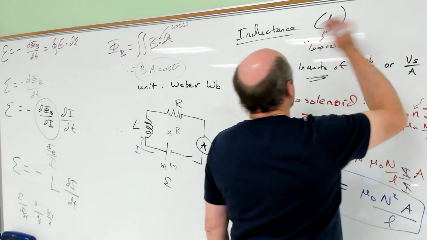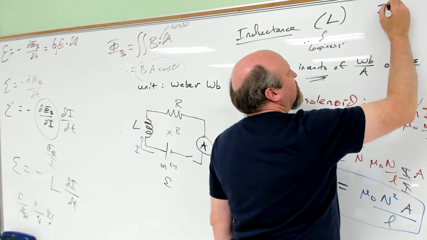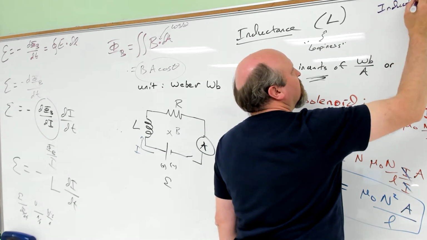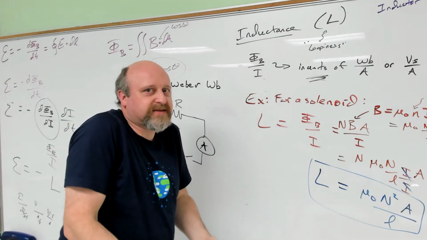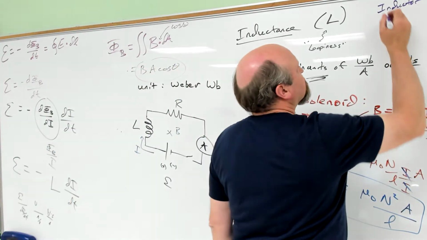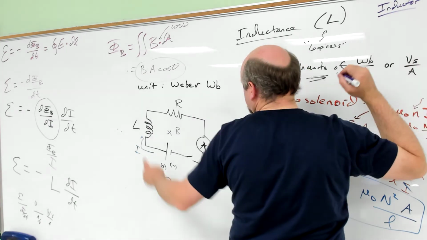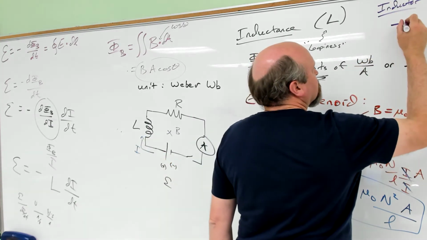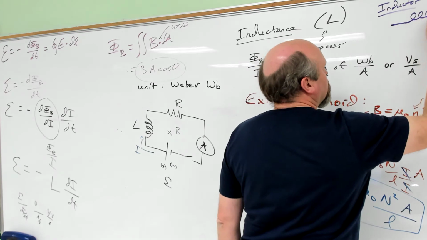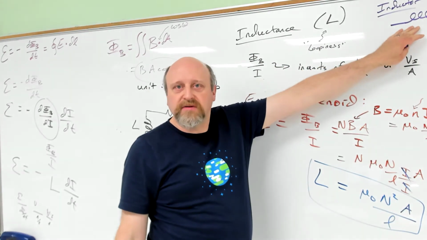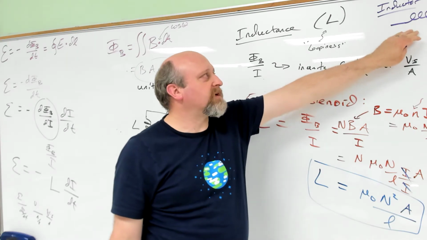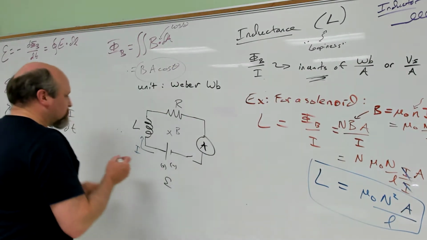A device with a significant inductance is called an inductor, just like something that has a lot of resistance is called a resistor, or a lot of capacitance is a capacitor. So the symbol we use for an inductor in a circuit is just little loopies, which reminds us that things like solenoids and coils will have a lot of inductance. That's the symbol.